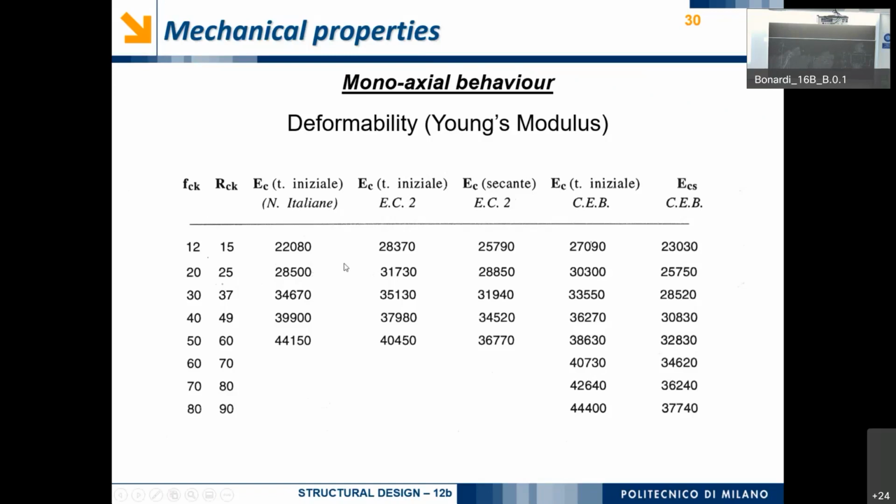And here we have, in the Italian codes, in European code 2, and so on, in other codes, the values of Young's modulus, so the initial one or the second one. We said that initially we go along a path, a slope, and then we follow a different one. So there is the initial one and the second one.